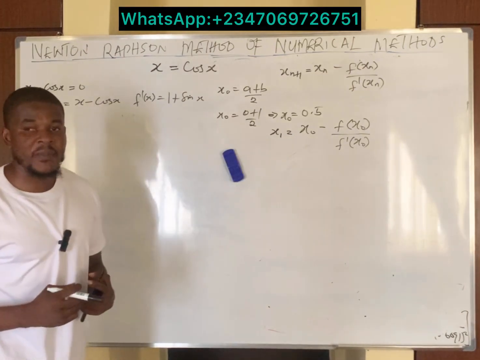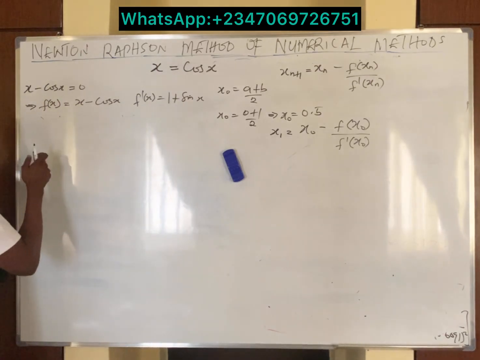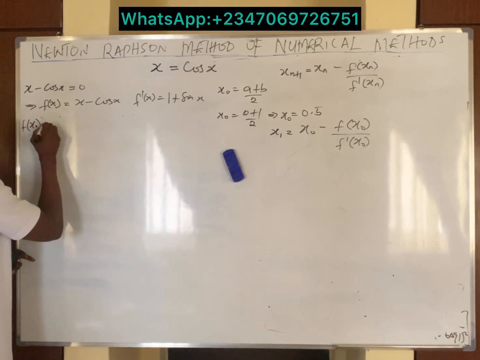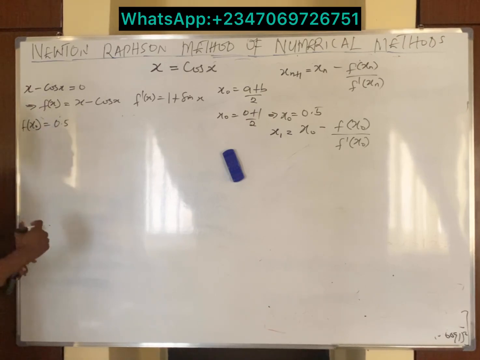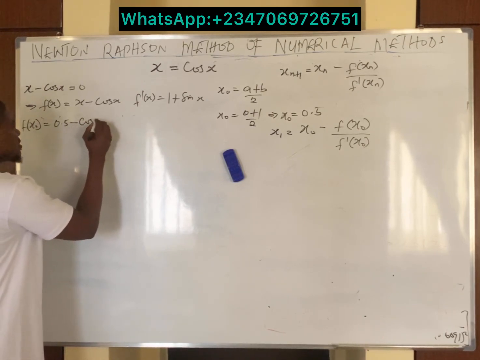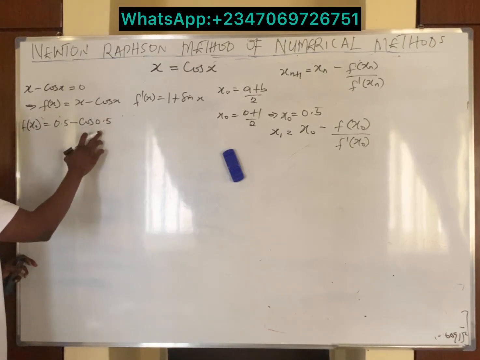So now that I know all my parameters, let me start plugging in the initial guess into the functions. So I will find first f of 0.5, which is f of x naught, and that simply gives me 0.5 in place of x. Wherever you see x, now put in the value 0.5. So I have 0.5 minus cos 0.5. Don't forget to put your calculator in radian mode to punch cos 0.5.